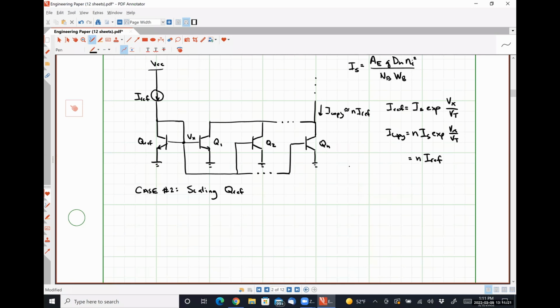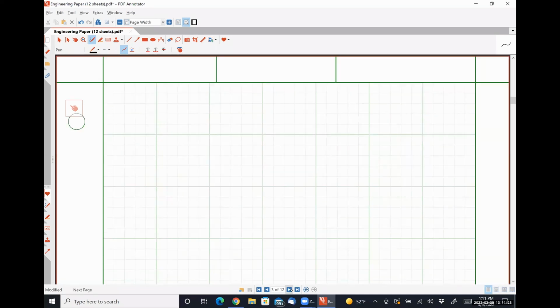I'm going to need to go to the next page. Write this. Case number 2. Scaling QREF. All right, so say that we have our reference current like so.